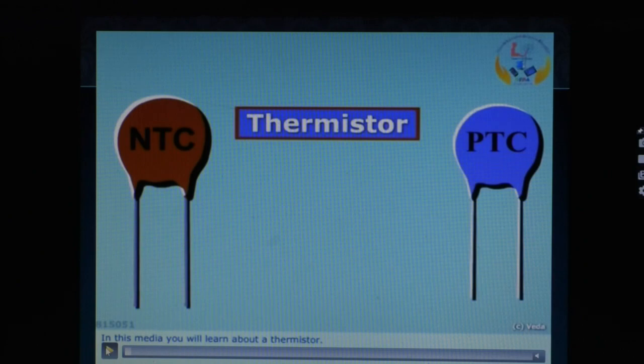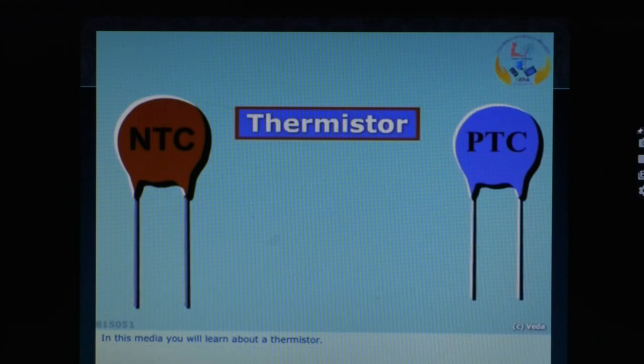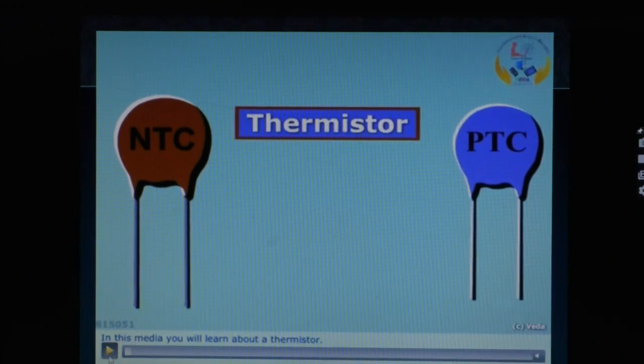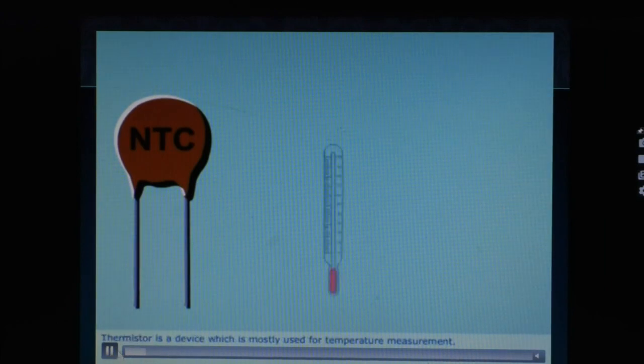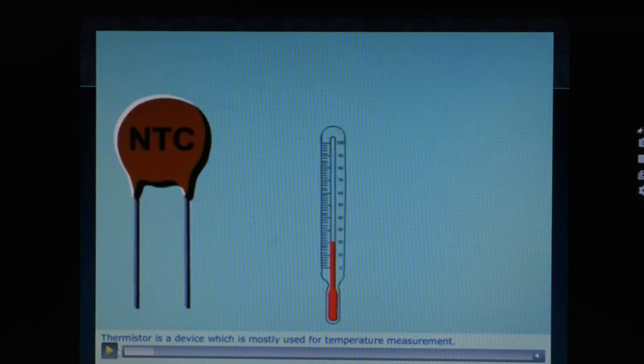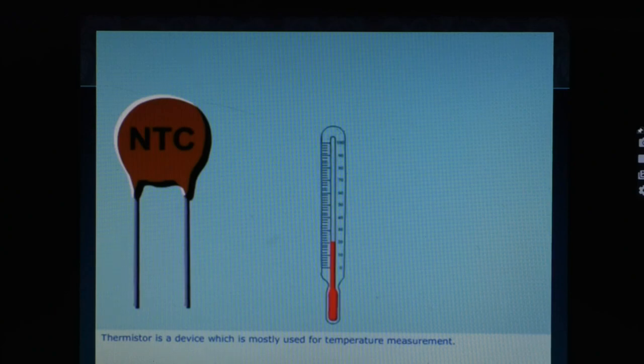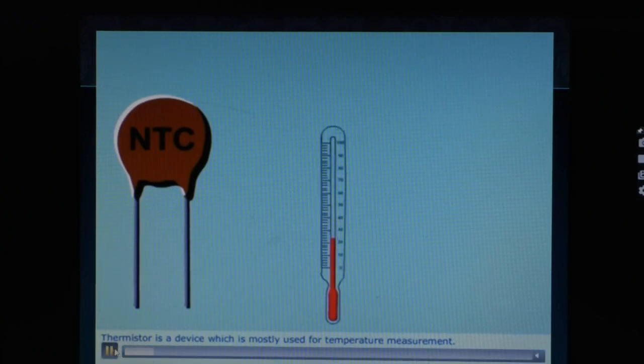You can see here two thermistors, NTC and PTC. Such type of thermistors, whose resistance depends on temperature. A thermistor is a device which is mostly used for temperature measurement. Their resistance changes with change in temperature.